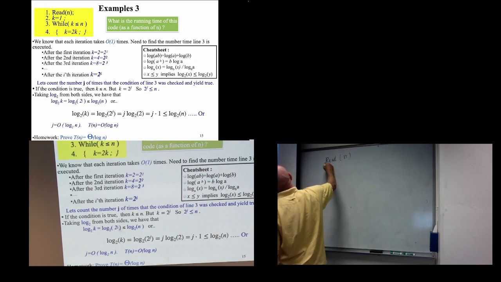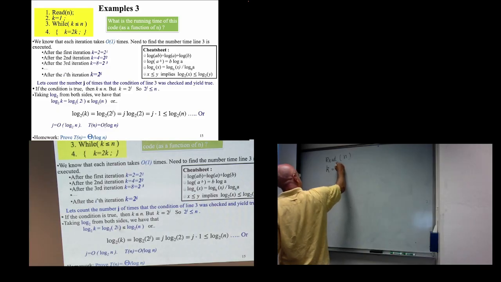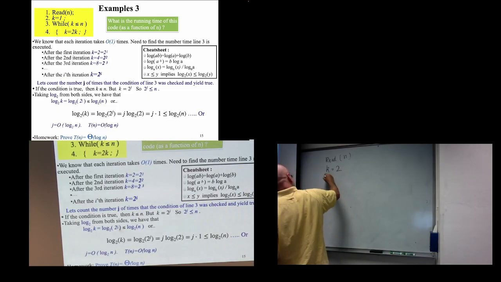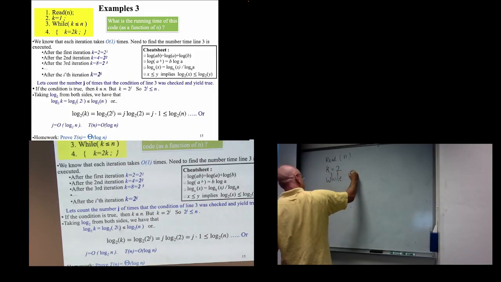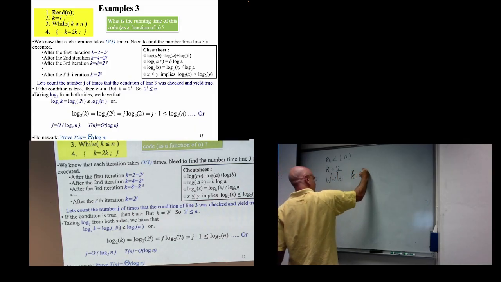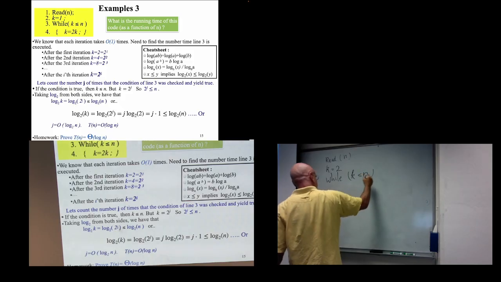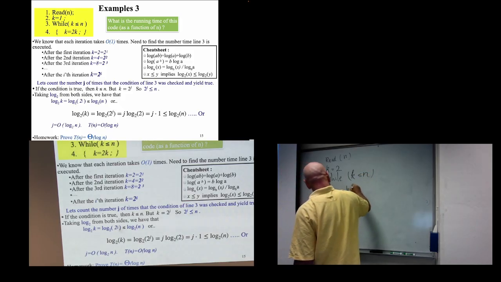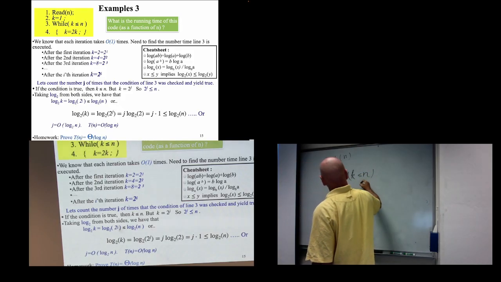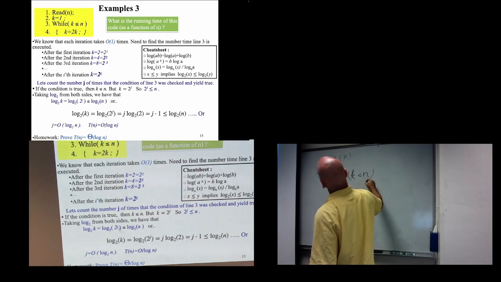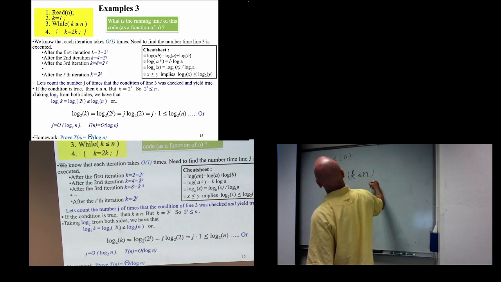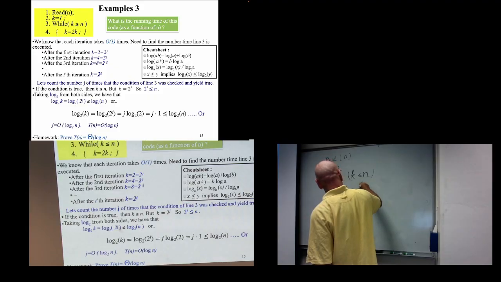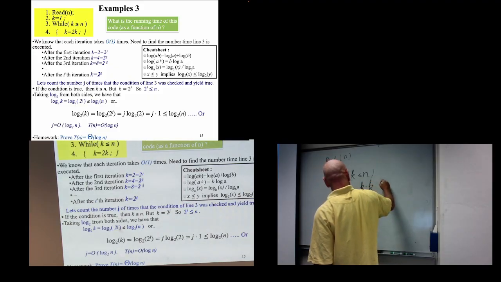I read n. k equals, let's start this time with 2, and while k is smaller or equal than n, do k equals k times k, k squared.